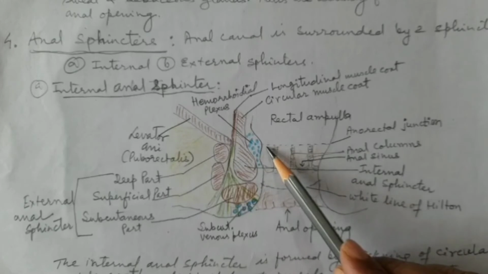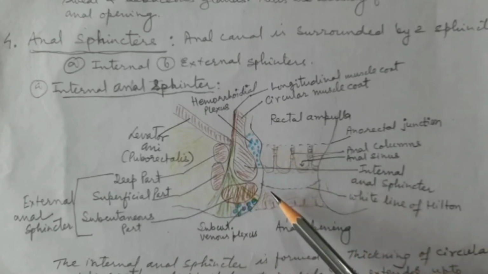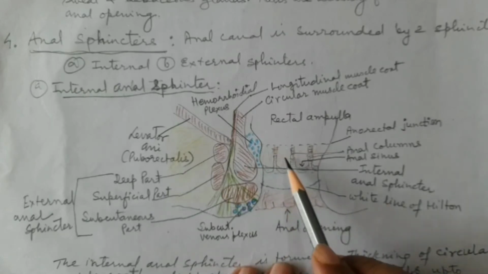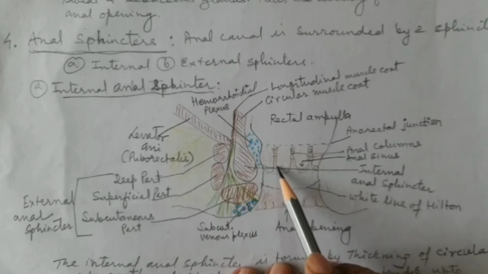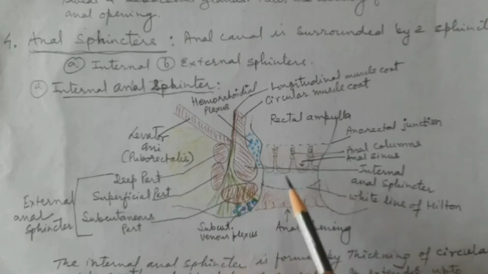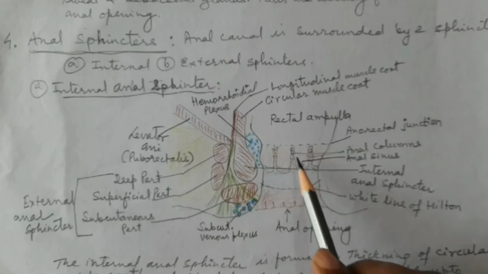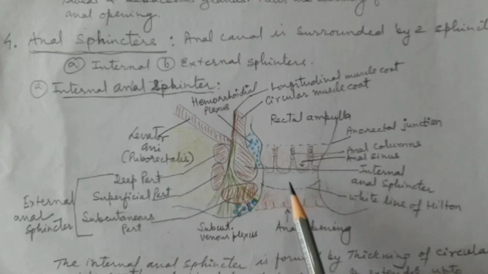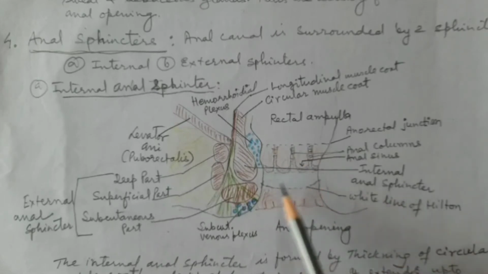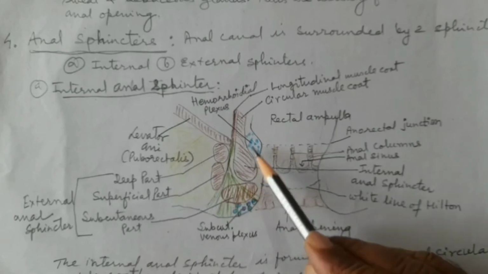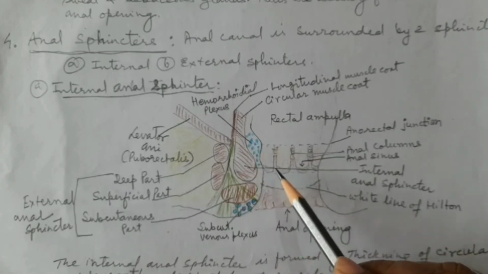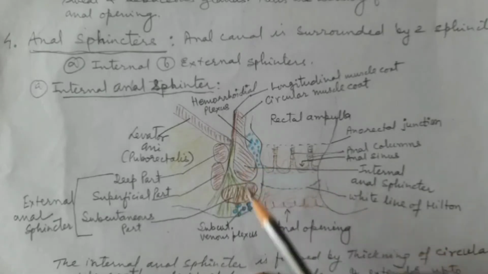And it extends, as I said, from the anorectal junction right up to the white line of Hilton, surrounding the pecten part as well as the anal sinus, anal valves and anal columns, and then this is the pectinate line and this is the white line. These two parts of the anal canal are surrounded by the internal anal sphincter.